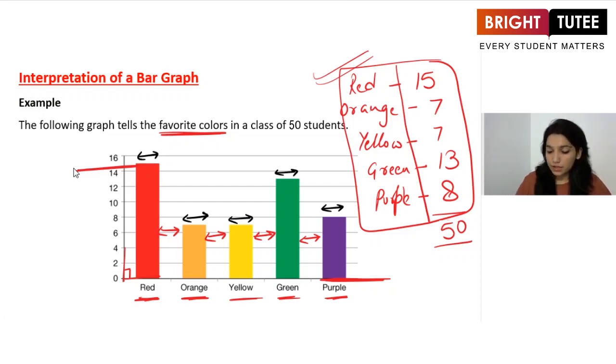Now again, as we see, the spacing between the bars and the width of the bars is the same. Similarly, whatever unit you are choosing here, it should be the same. This is something very important to notice. So here we can write that one unit, this is called a unit.